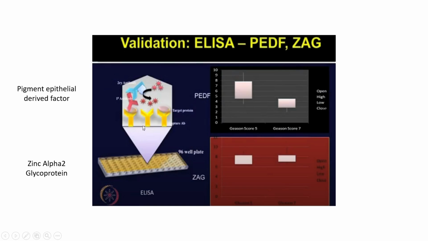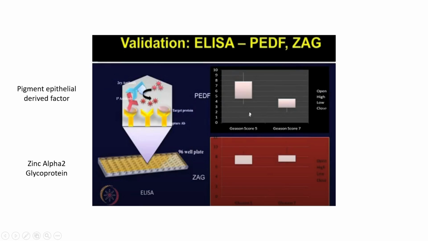When you add that, the intensity will change depending upon the amount of binding that happened in the first step. That's how you can find if it had a higher amount of PEDF or a lower amount of PEDF. And that's what they found.